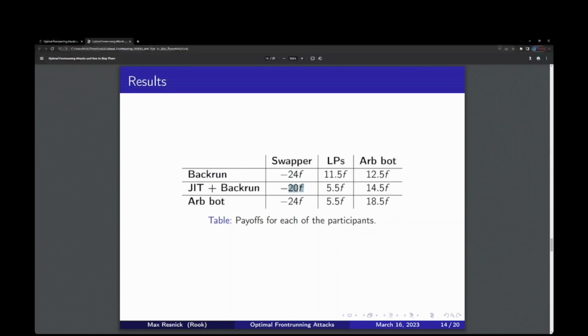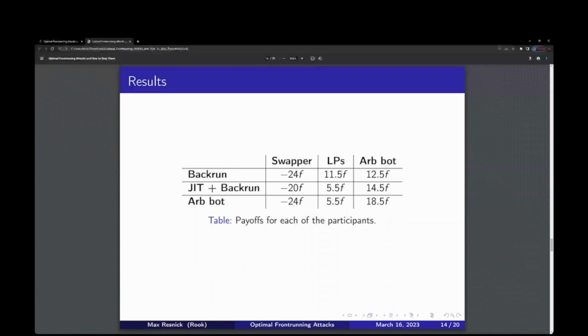Actually, in the JIT plus background, without sandwiching, the swapper did slightly better. You can think of this as the execution quality. Closer to 0 is better, because that means less of a spread. So they did slightly better with the background plus JIT, and they did the same with the JIT plus sandwich.